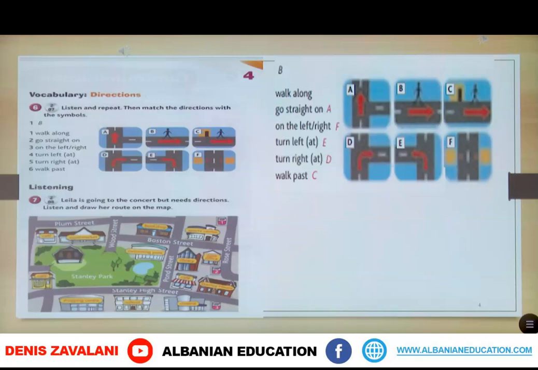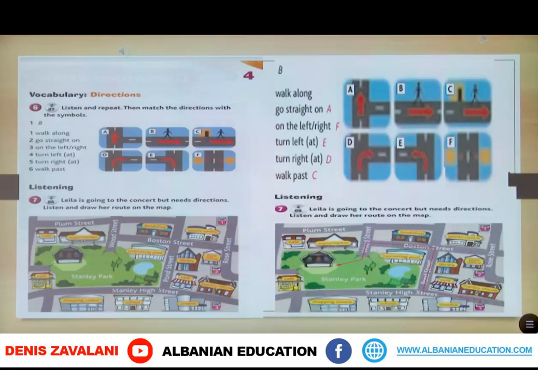Okay, let's see if you drew the route right. So you can see Layla was at the bus stop 3 and she walked along the Stanley High Street. She turned right at the cafe. She went straight on Pond Street past the swimming pool.